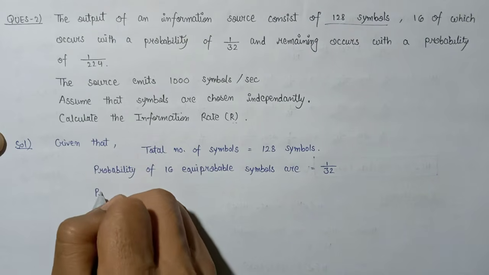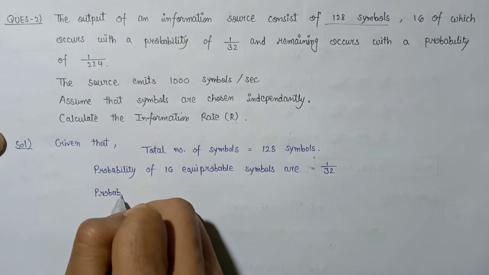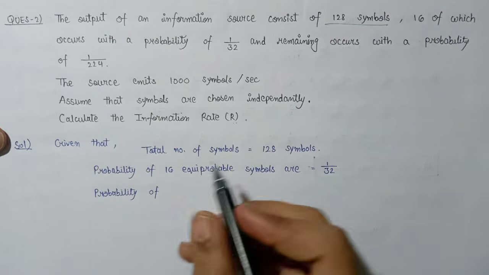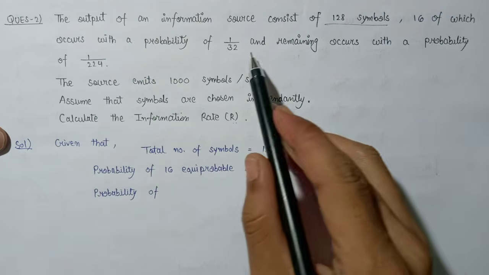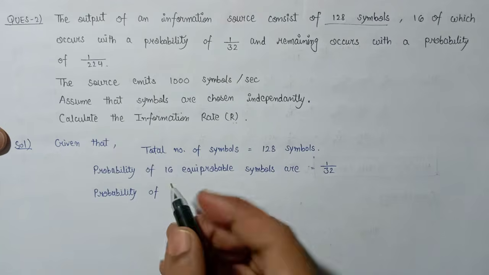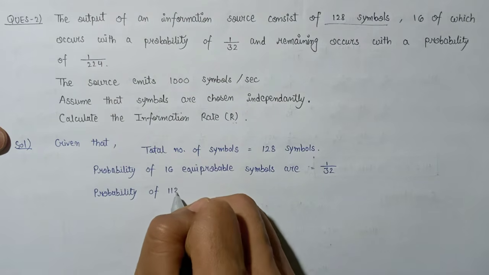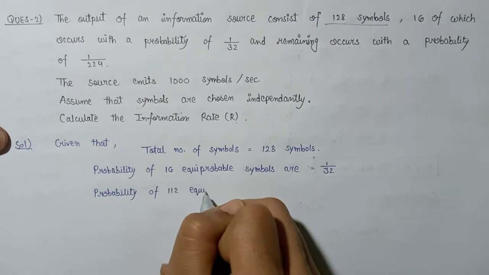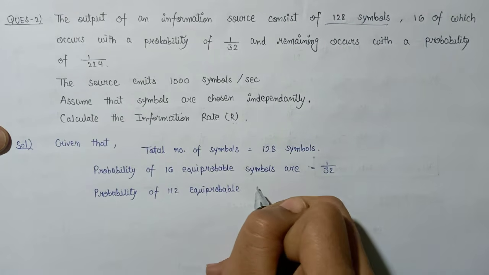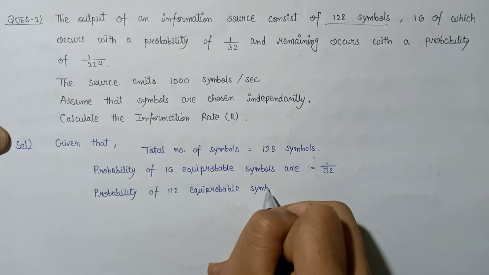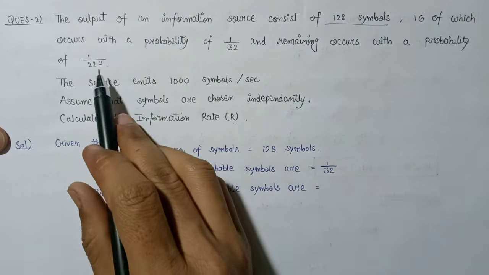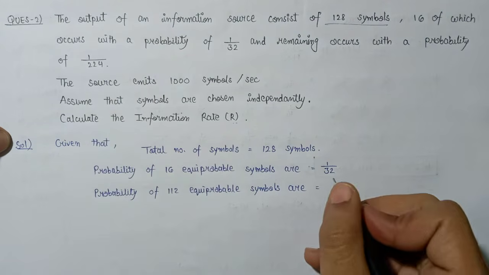And also the probability of the remaining symbols: the total is 128 and 16 of them occur with the probability of 1 by 32, so the remaining symbols are 112, which are also equiprobable. And here is the probability given to us, that is 1 by 224.